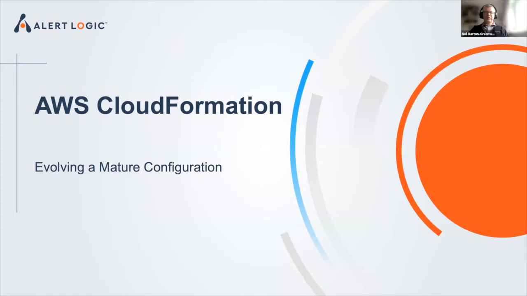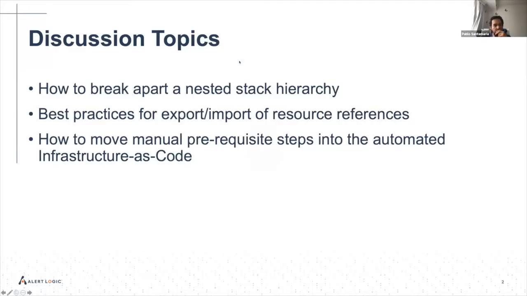So we are going to discuss how we evolved our complex application to a slightly more modern version of CloudFormation. We started off with a nested hierarchy. It was very shallow and very broad because of some limitations with the tool set.